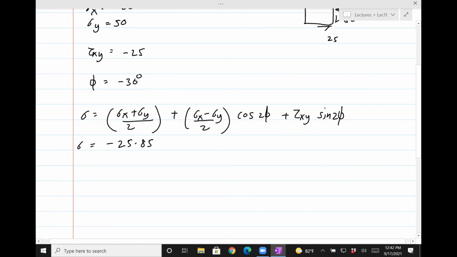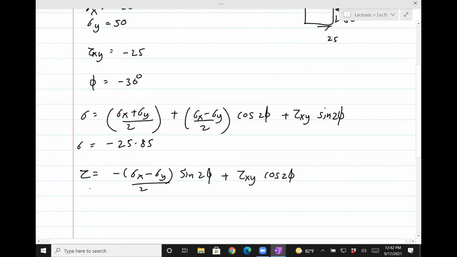And then we find the formula for tau. It is minus sigma x minus sigma y divided by 2 sine of 2 phi plus tau xy cosine of 2 phi.